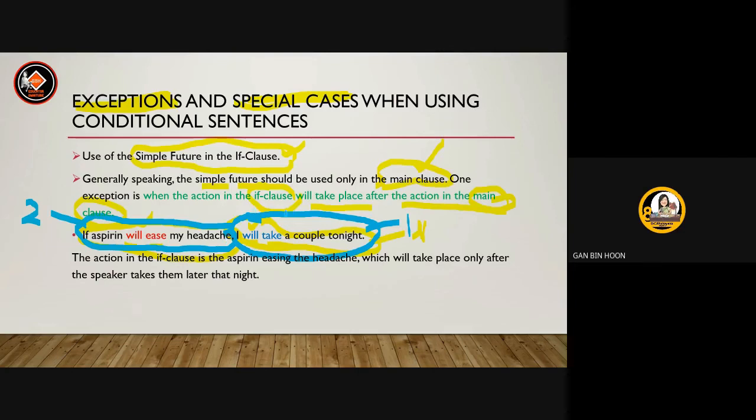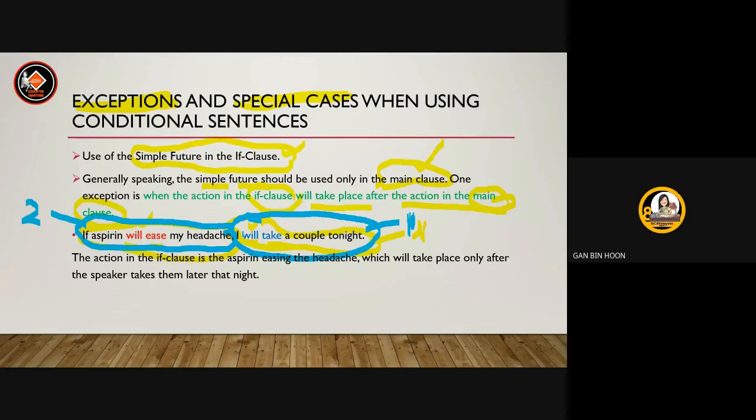Okay, teacher, this one difficult lah. Okay, you do not need to write this. This is like seldom used. Bermaksud dua-dua ini boleh ditulis sekiranya ini action pertama. If clause will take place after the action in the main clause. Ini berlaku dulu, ini berlaku kemudian.